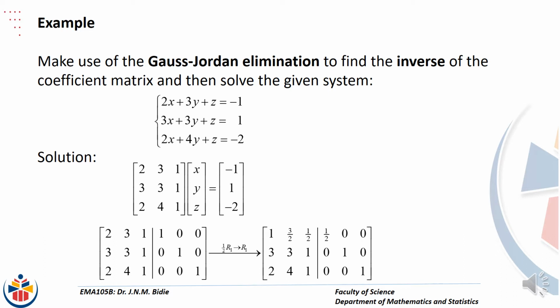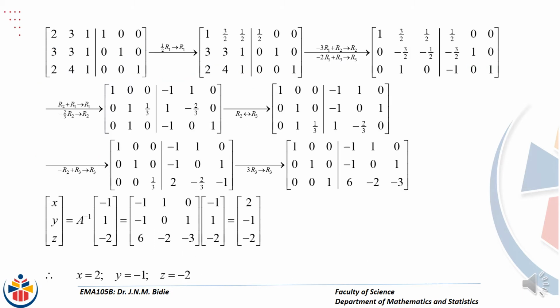For row 3, it will be -2 row 1 plus row 3, substitute in row 3. Please check the steps and see whether you'll get the same answers. So here are the steps. We said half row 1, substitute in row 1, and then -3 row 1 plus row 2, substitute in row 2, and -2 row 1 plus row 3, substitute in row 3. Please check whether the entries are correct.